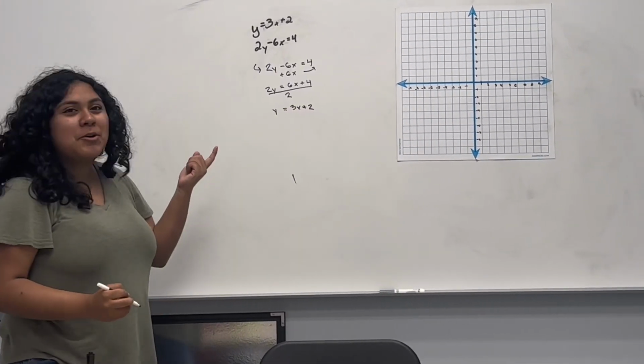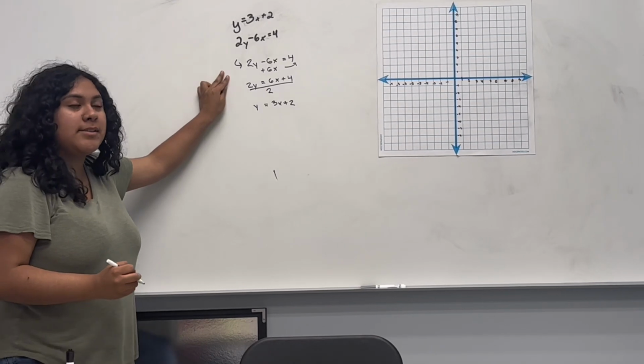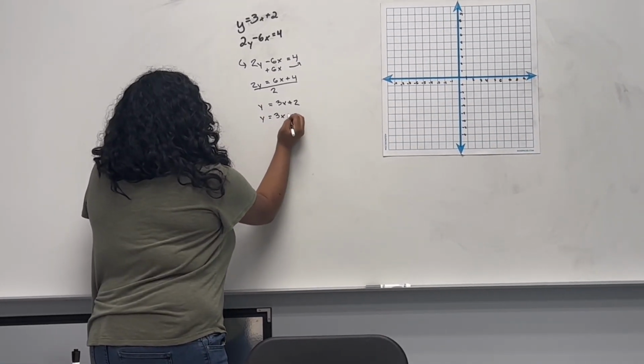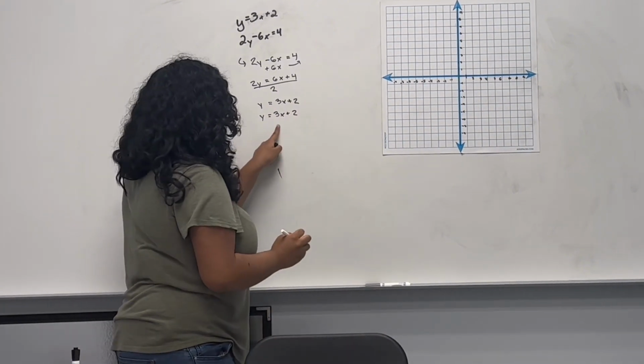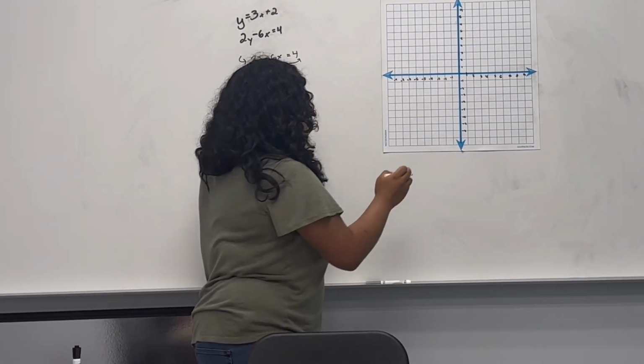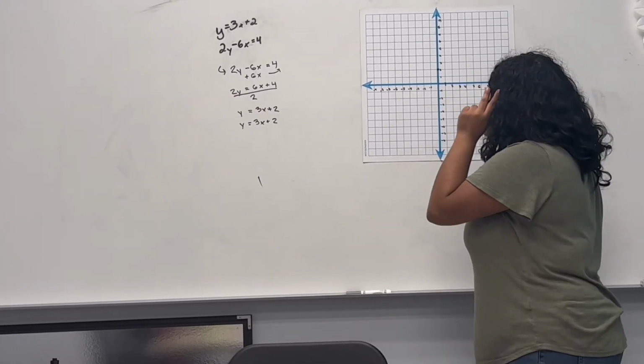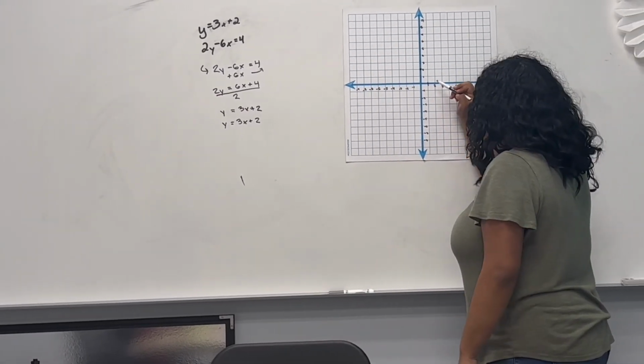Now you may have noticed that these two equations are the exact same. So when this happens, when you graph it, let's go back to the graphing. Both of these have 2 as the y-intercept and 3 as the slope.